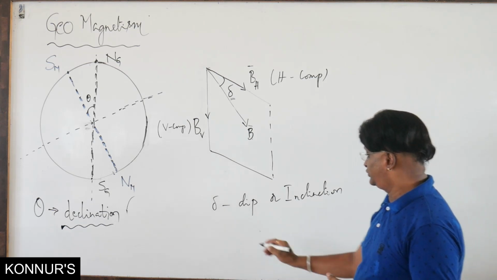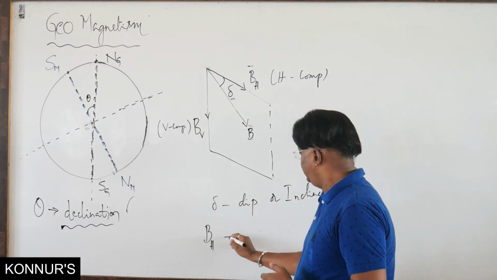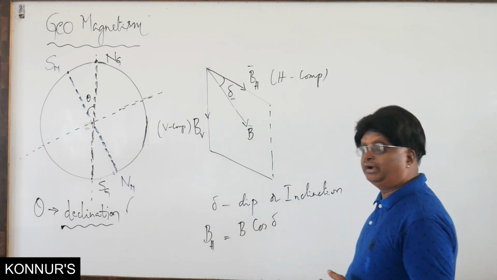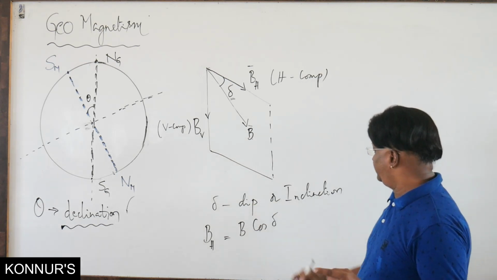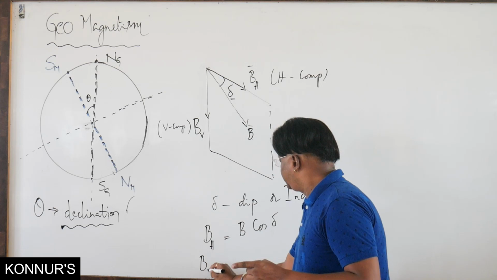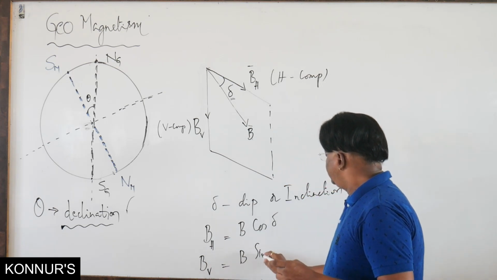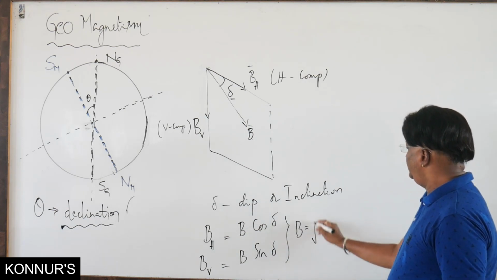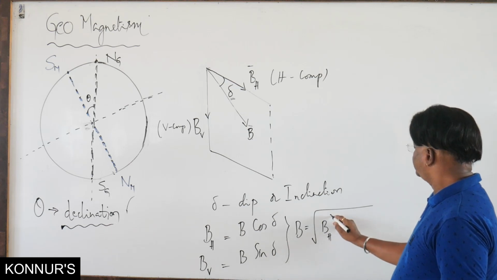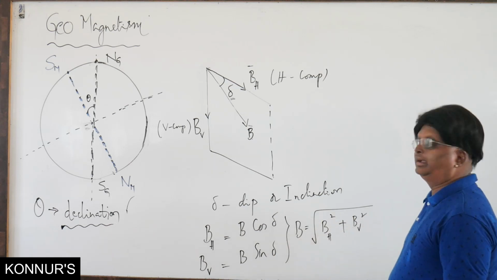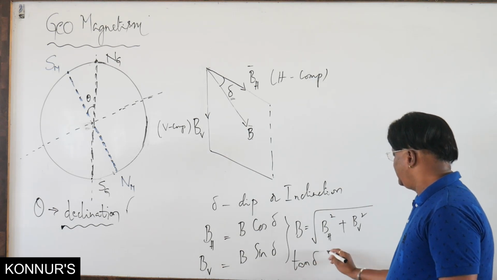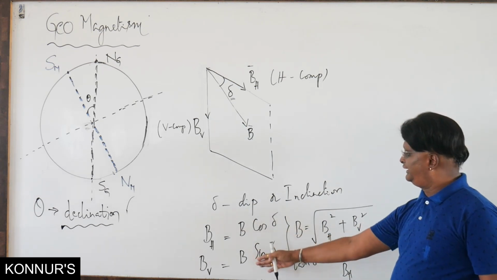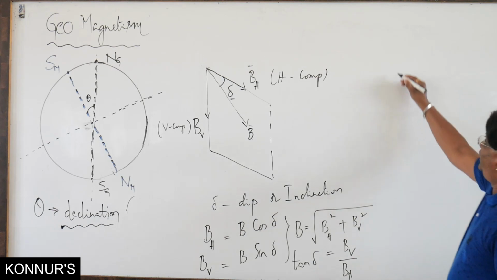Vector resolution, therefore our principle is that BH equal to B cos delta, if delta is this dip angle or inclination, and the vertical component will be B sin delta. By the same rule, B is under root BH square plus BV square, or else tan delta is equal to BV by BH. All those results you will find by squaring and adding or taking the ratio.